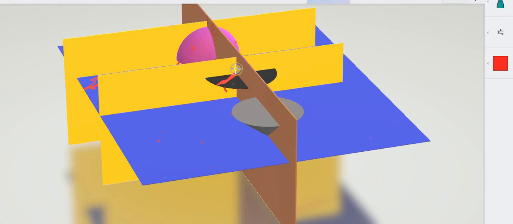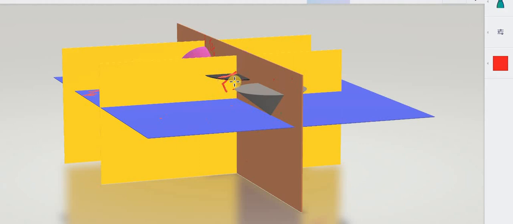The angle between this R and this axis is theta.